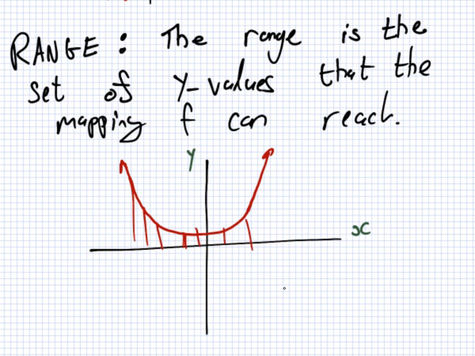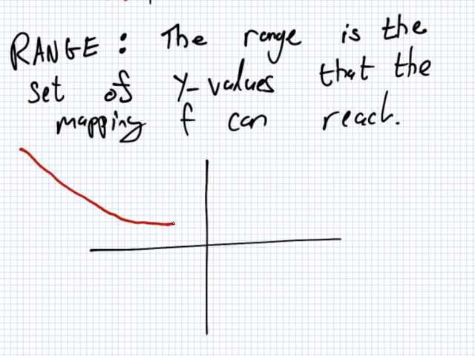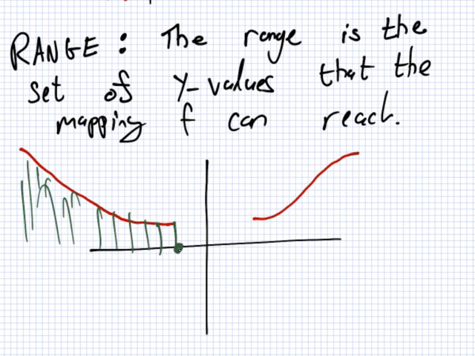But maybe you might have a graph that comes down from minus infinity, breaks, and then continues back up. So here the domain would be all the values from minus infinity to this number, and then all the values from this number out to plus infinity. That would be the domain.